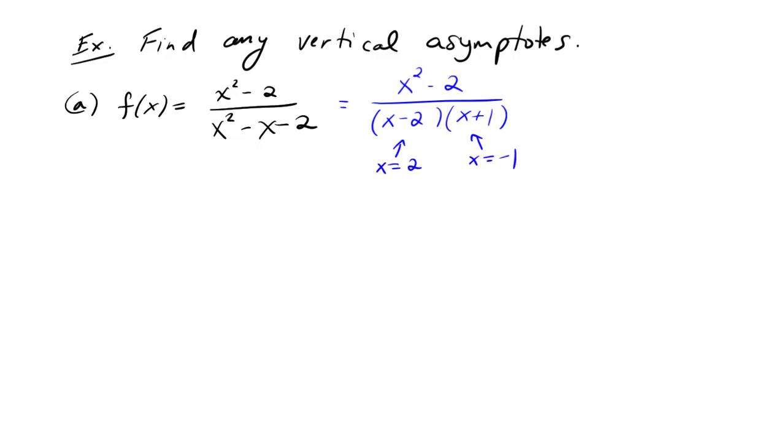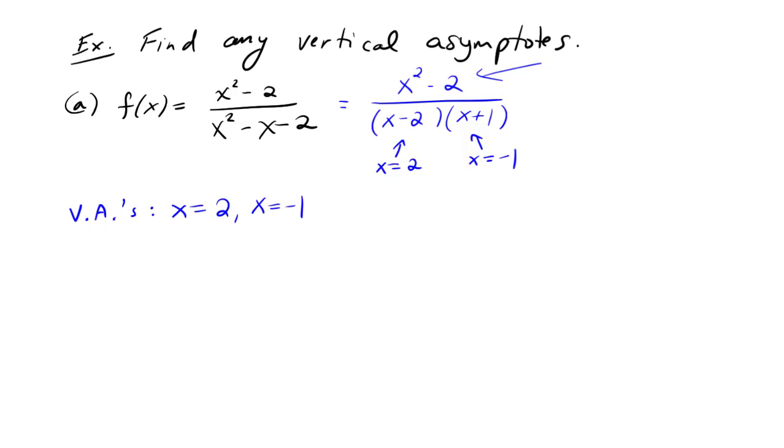And I notice that the numerator will not be 0 when x is 2 or x is negative 1. So that means right away my vertical asymptotes must be x equals 2 and x equals negative 1.